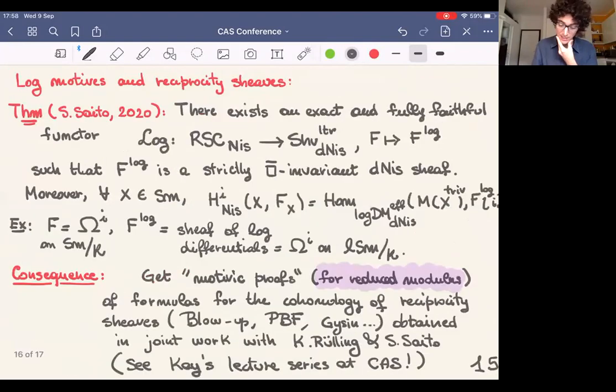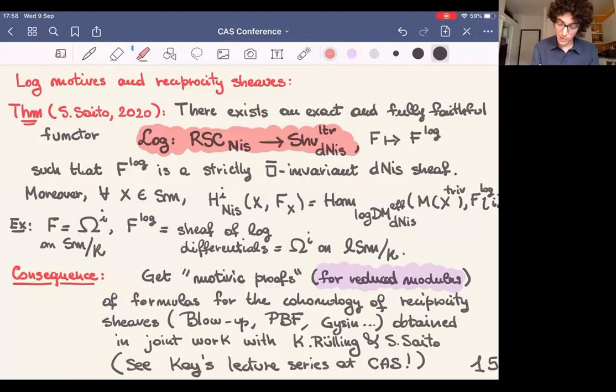Here I would like to advertise two things. The first is a theorem by Shuji Saito. He proved that there exists an exact and fully faithful functor, which he denoted log, from this category of reciprocity sheaves to our category of sheaves with log transfers for the dividing Nisnevich topology, sending F to F log.